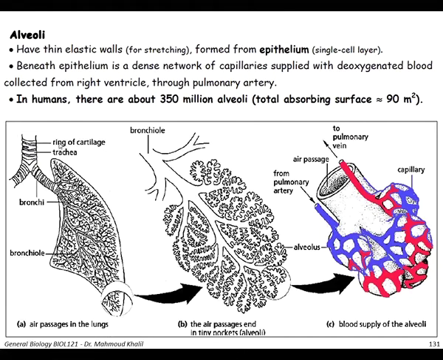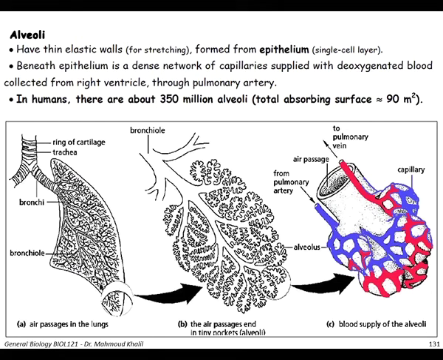Okay, actually it's not a complete ring. This cartilage will help the trachea to not collapse during the process of breathing. This trachea leads to two bronchi that are divided inside the lung into a lot of bronchioles that end up with a dead end.